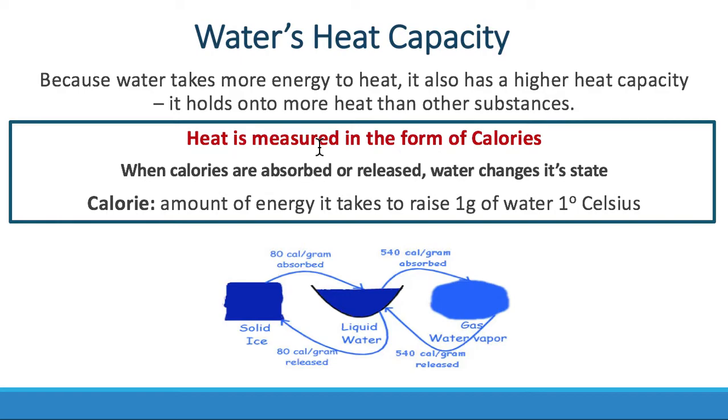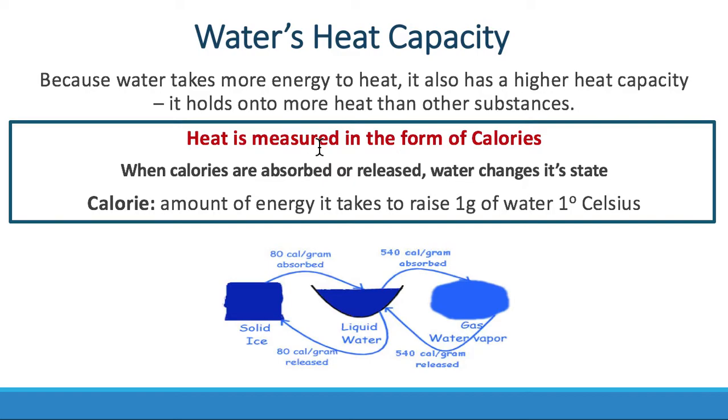The same can be said when moving from a liquid to a gas state or the opposite. So we would add that 540 calories per gram. This would be absorbed by the liquid or by the water, and we would change into a gaseous state. We could then also release that 540 calories per gram and go from a gas back to a liquid.